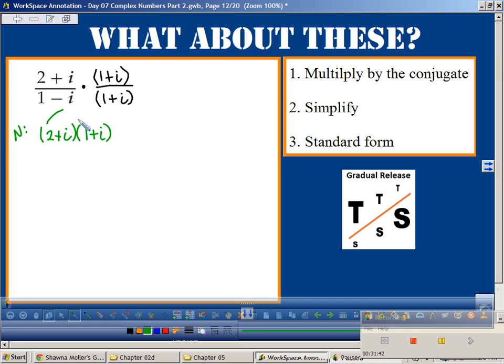If I FOIL this, I get 2 plus 2i plus i plus i squared, which is 2 plus 3i plus negative 1, which is 1 plus 3i.